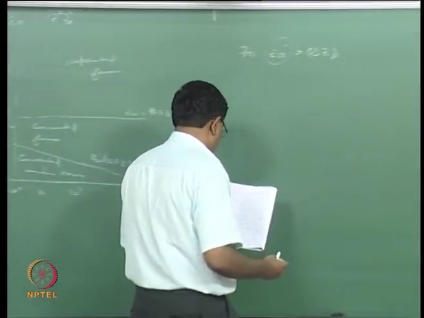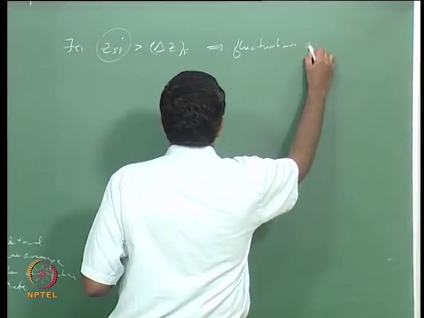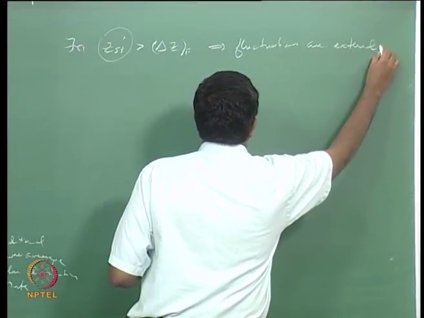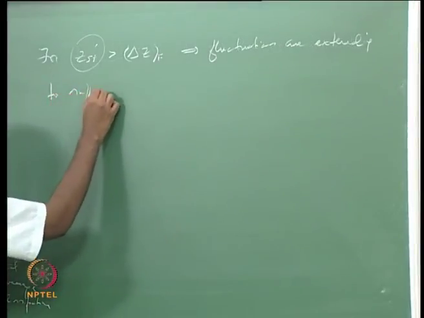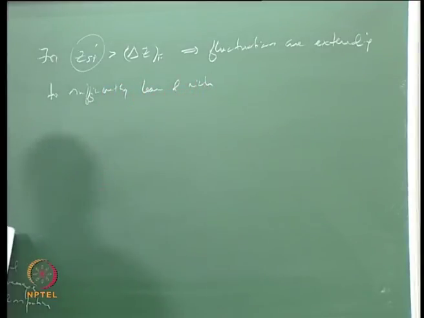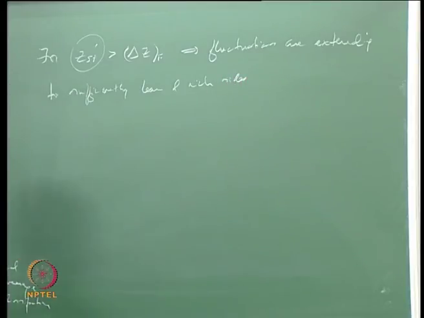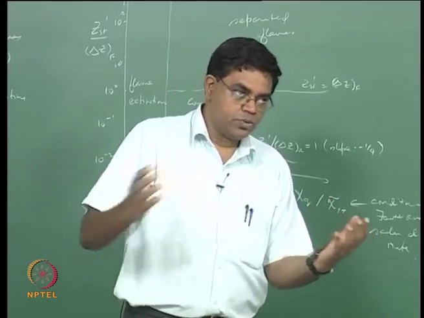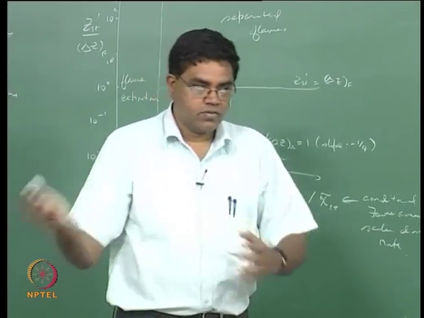This basically means that fluctuations are extending to sufficiently lean and rich sides, and therefore the fluctuations are causing some amount of the lean side of the flame to go to the rich side and vice versa.